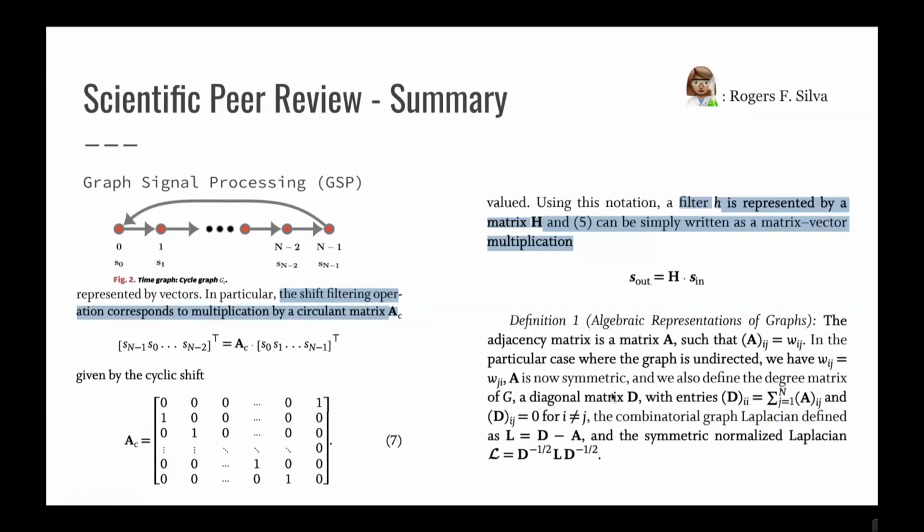And he also introduced these quantities, which are the adjacency matrix, which is like this matrix, but not restricted to zeros and ones, and you can have multiple connections between nodes. And also the Laplacian matrix, which is a particular type of matrix based on combination of the degree matrix and adjacency matrix, and also a symmetric normalized version of the Laplacian matrix defined like this.